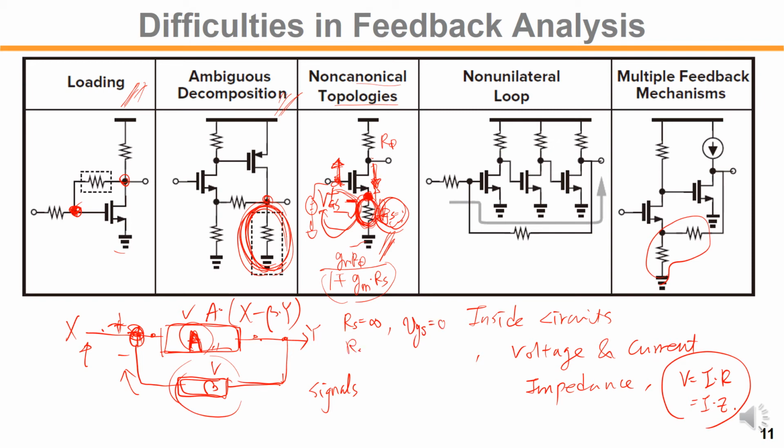For RS equal to 0, VGS will be directly coming from Vin, right? So this negative feedback action changes the current in response to the voltage variation inside the circuit. Okay.